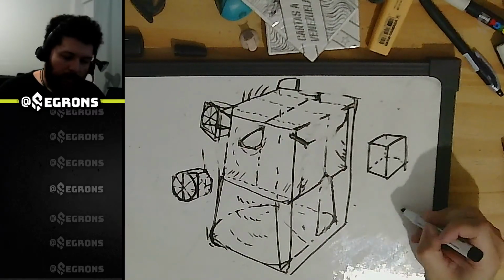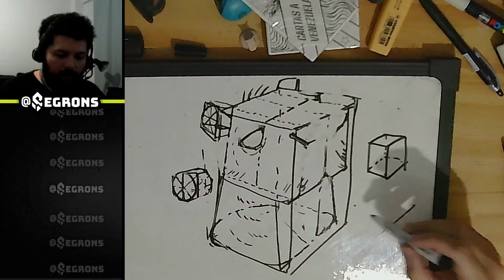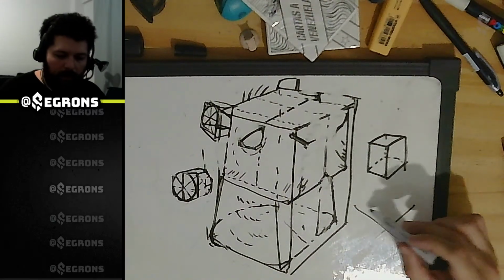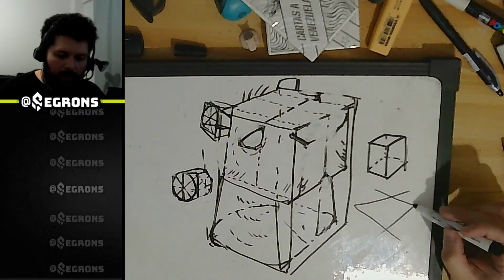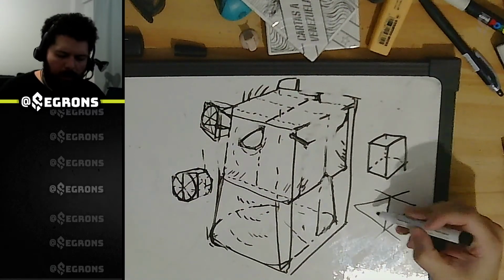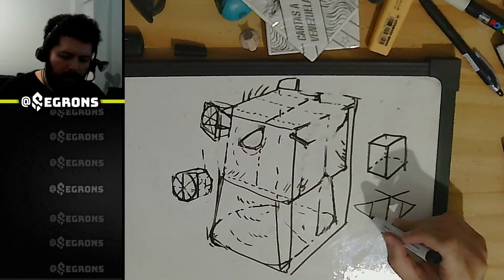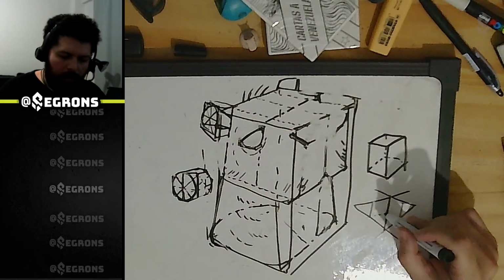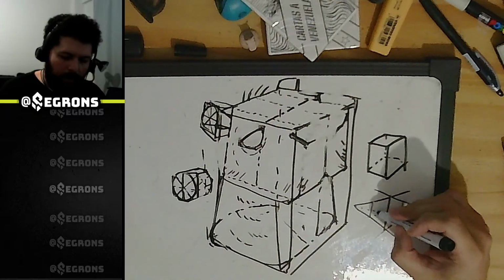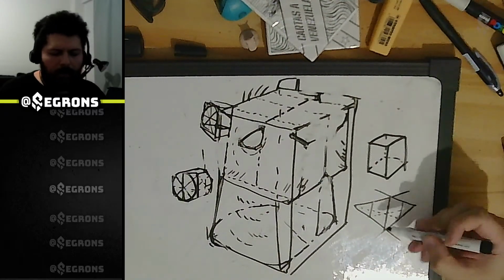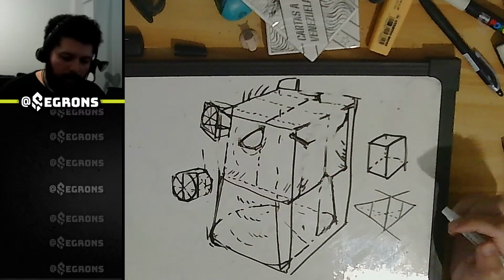So let's say you have 2-point perspective. If I project the lines, I can do something like that, and it allows you to play around with the angle that you're trying to add to your drawing.